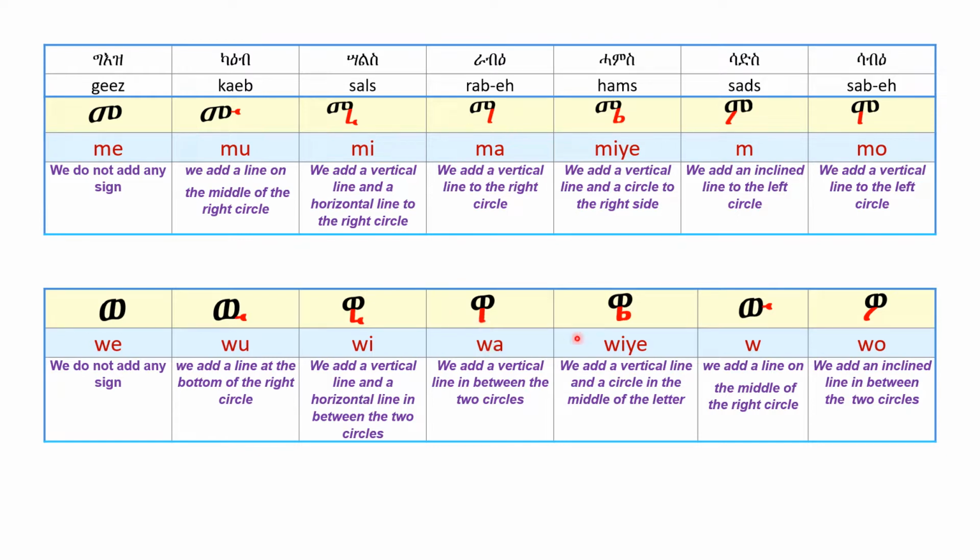We add a vertical line and a circle in the middle of the letter. We add a line on the middle of the right circle. Wo, we add an inclined line in between the 2 circles.